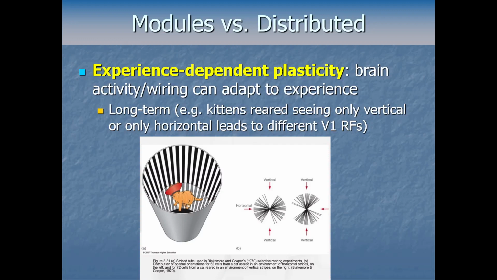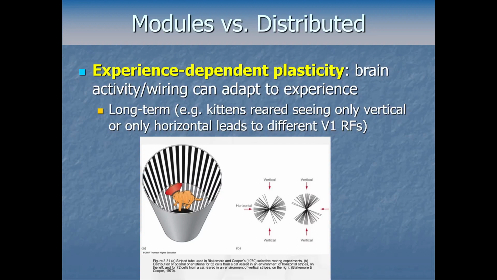Now, the kittens that were raised in vertical world, right, that had only vertical line experience so far, they had a whole crap ton of simple cells that were specialized for up and down lines and basically no cells at all in their brain. They couldn't find any simple cells in V1 that recognized horizontal lines that had receptive fields. It would only go off when you put a horizontal line in front of them on the screen. They just didn't find neurons that had that specialty in these kittens.